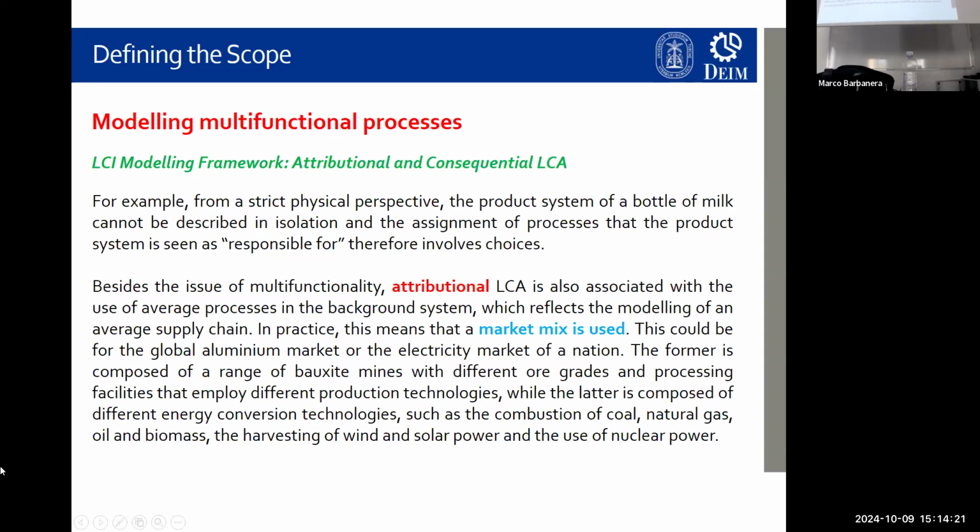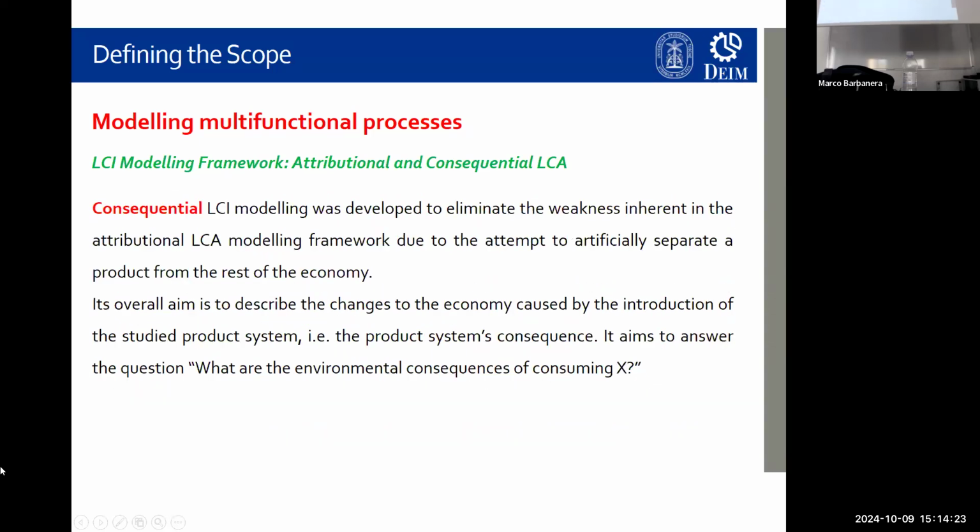So instead, as regards consequential, you can see that consequential modeling was developed to eliminate the weakness inherent in the attributional modeling framework due to the attempt to artificially separate a product from the rest of the economy. Its overall aim is to describe the changes to the economy caused by the introduction of the studied product system, for example, the product system consequence. It aims to answer the question, what are the environmental consequences of consuming the product to be analyzed?